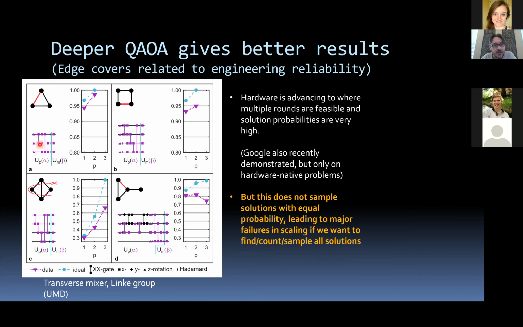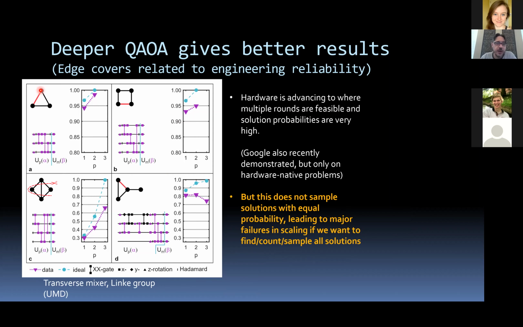And Hadamard gates are these little vertical lines. I suspect you've seen all these gates in what you've been playing with. So this gives you an idea of the circuit schematic of what we run, or what our collaborators run. And the problem being encoded in this top left panel is what's called an edge cover problem.